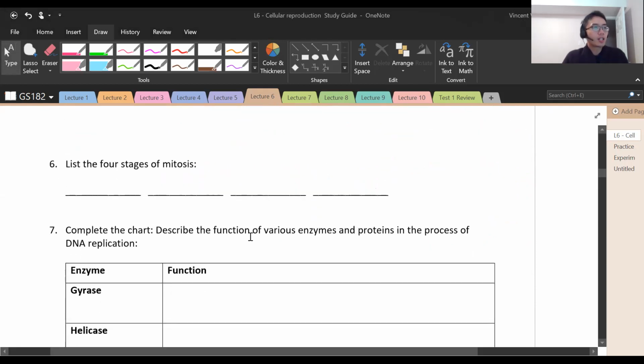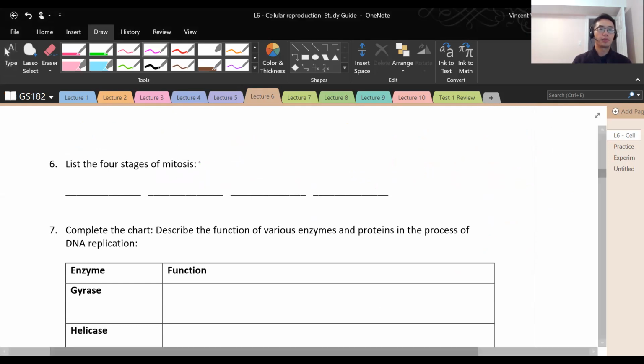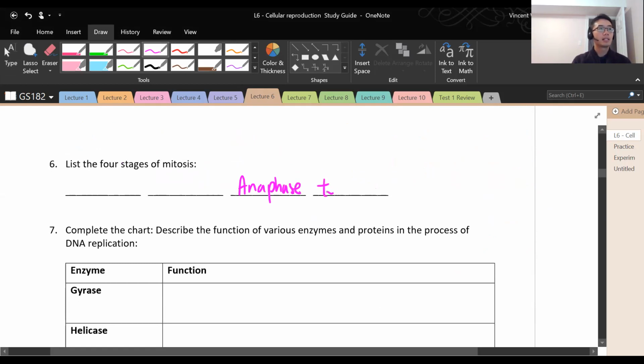Four stages of mitosis. What are the four stages of mitosis? Anybody? Anyone remember? Yep, there is anaphase. That's going to be like the third step. Very good. Telophase. And then what are the other two? Yeah, metaphase.